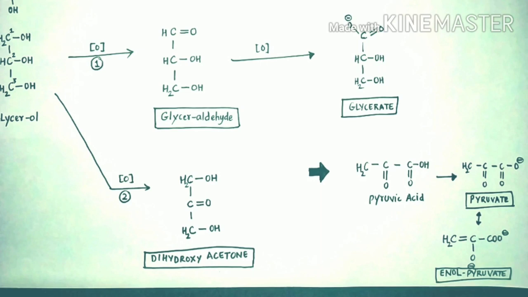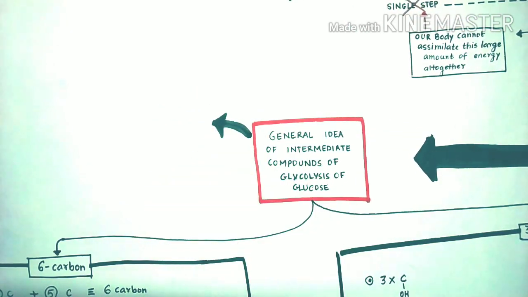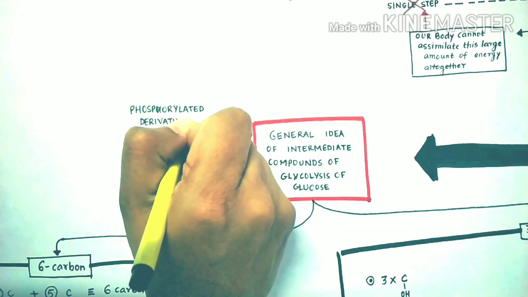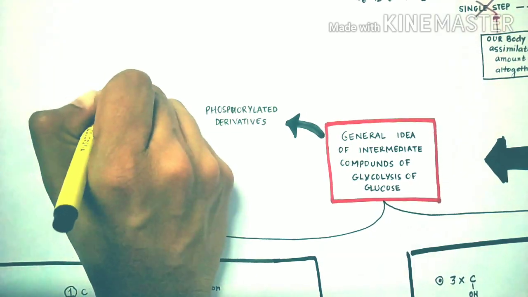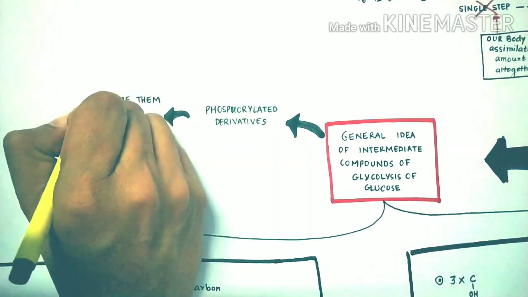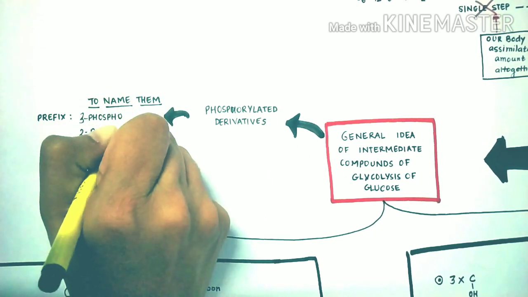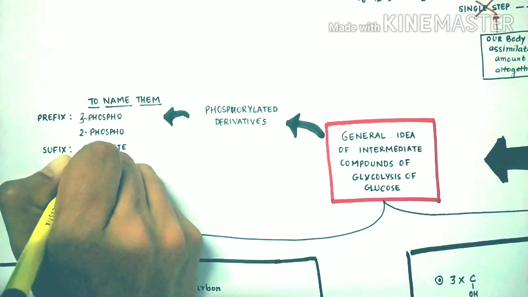But these were the basic structures and names. In glycolysis, these exist in their phosphorylated forms, and to name them, only prefixes such as 3-phospho, 2-phospho, etc., or suffixes such as 6-phosphate, 3-phosphate, etc. are added. But the base name and structure remain the same.